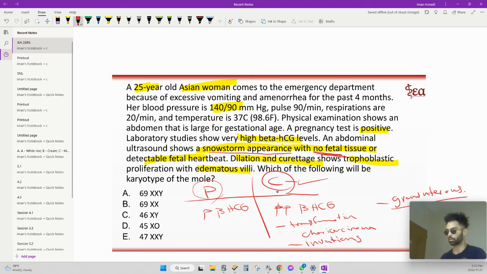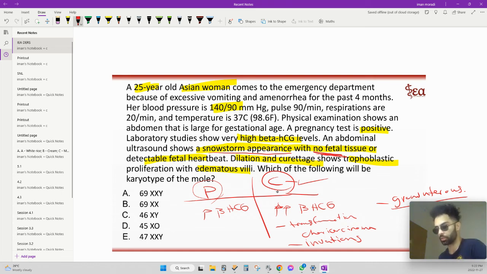Remember that choriocarcinomas are primitive tissue, right? What are they coming from? They're coming from placenta. What is placenta good at? It's good at getting stuck to the endometrium and invading it. So these are really good at invading and spreading.